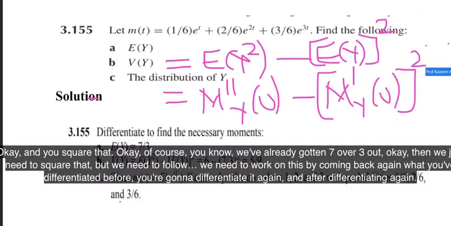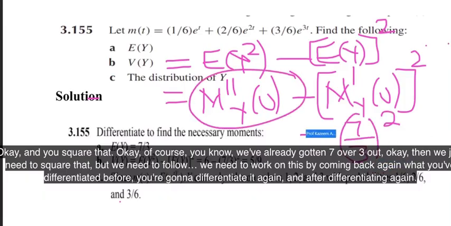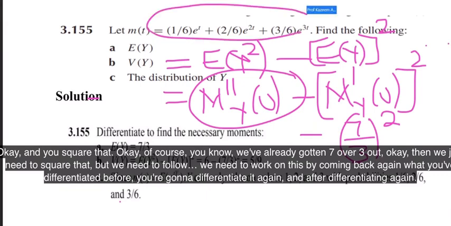Of course, we've already gotten 7 over 3, so we just need to square that. What you've differentiated before, you differentiate again, and after differentiating again, you plug in 0.